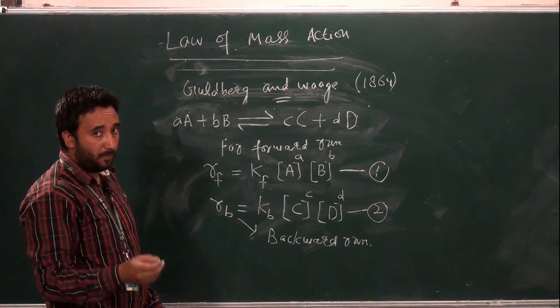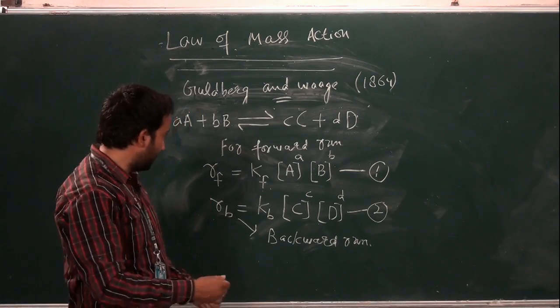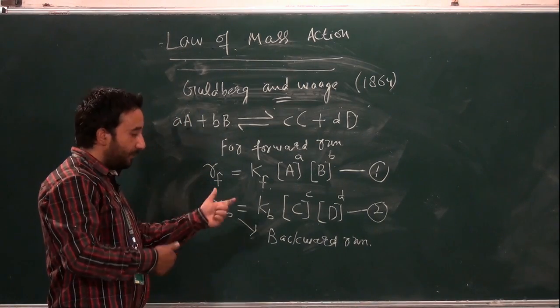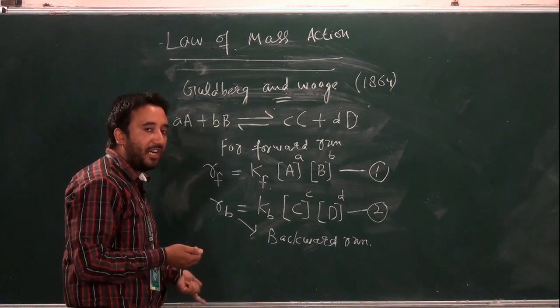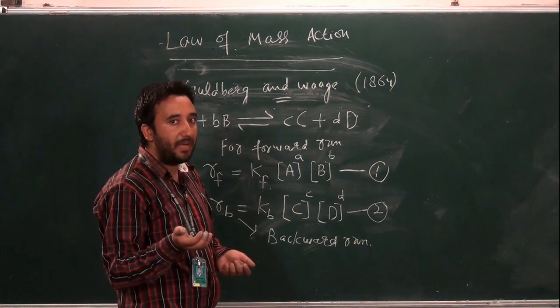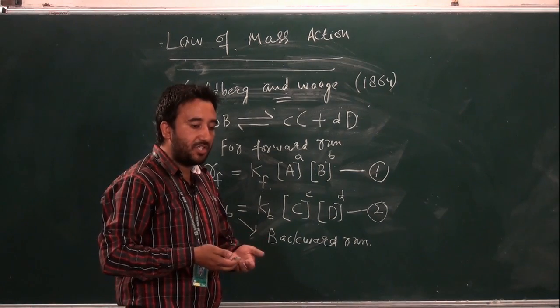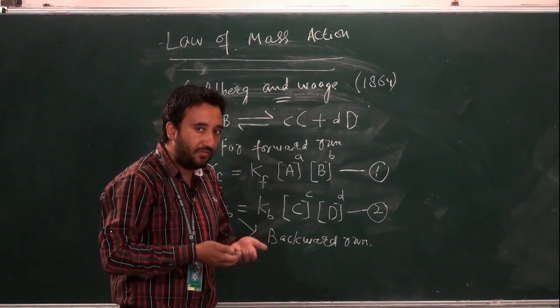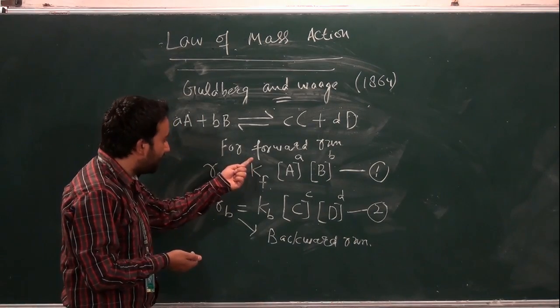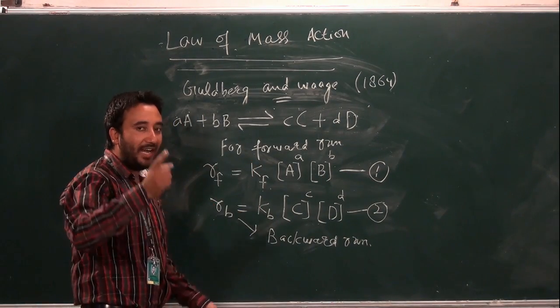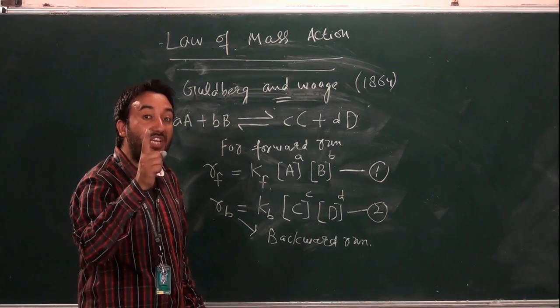Now, as we know, in a reversible reaction, with the passage of time the rate of forward reaction goes on decreasing and the rate of backward reaction goes on increasing. After some time, a state is reached at which the rate of forward reaction becomes equal to the rate of backward reaction, and that state is called the state of equilibrium.